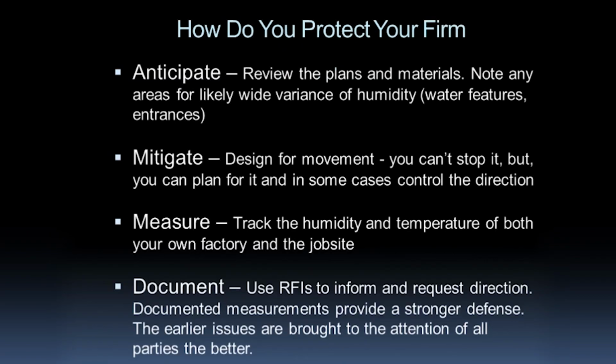How do you fix it? First thing is to anticipate. Review the plan of materials and note any areas that are likely to have water variance, the humidity, water features, instances like in the airport. And speaking of water features, we did have one project where they had actually designed a set of stairs to go over the top of a fountain. And all the stair treads were wood.